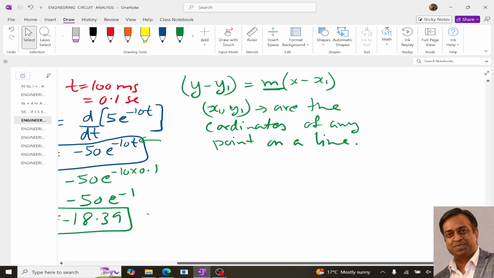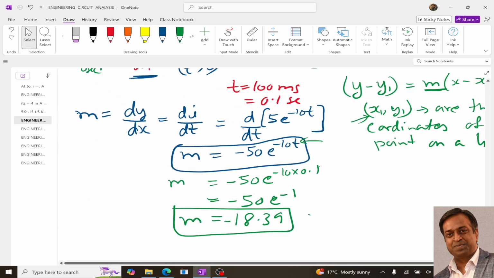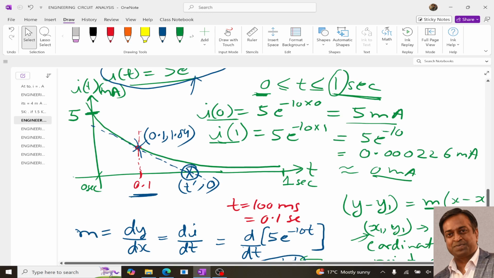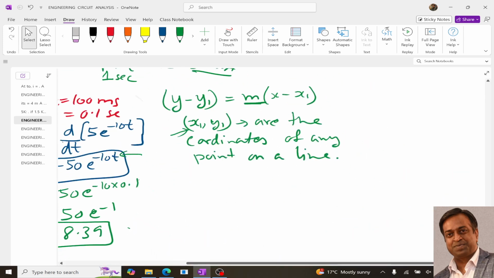So over here, if we are drawing the tangent, it is drawn at this point. Already we know the coordinates of this, which is 0.1 and 1.84.